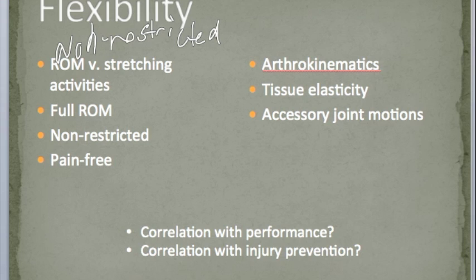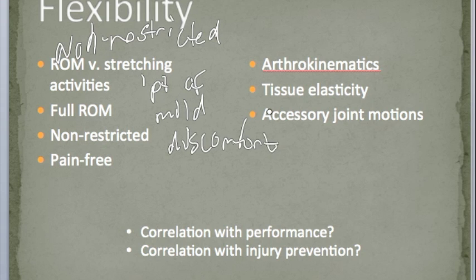So when we're talking about stretching, then we're going past the point where resistance is felt to the point of mild discomfort. So range of motion, it's non-restricted. You're moving to the point of tissue resistance. Stretching, you are moving past the point of tissue resistance to the point of mild discomfort.